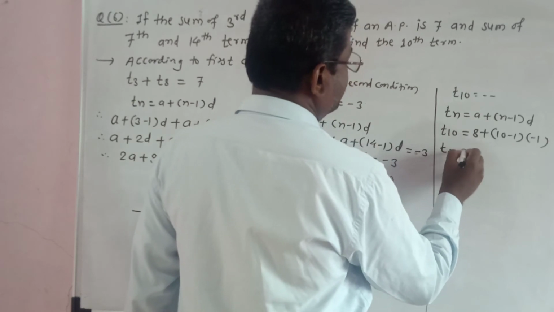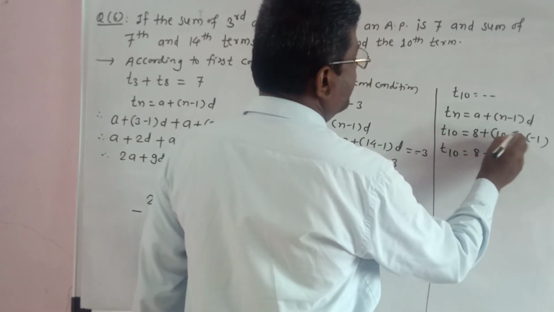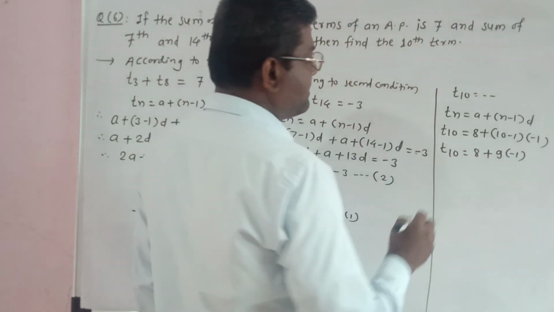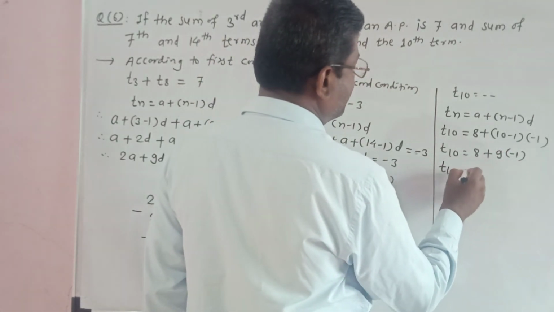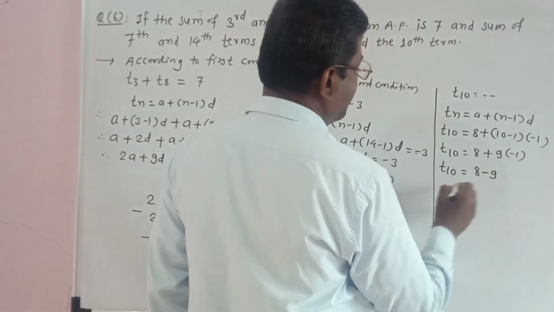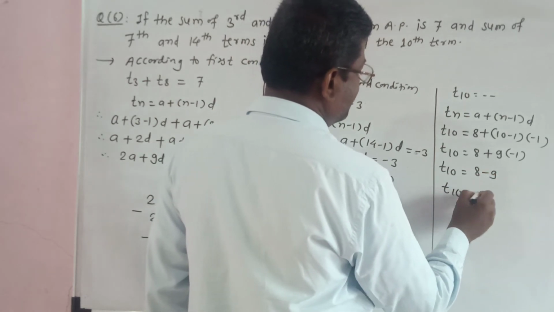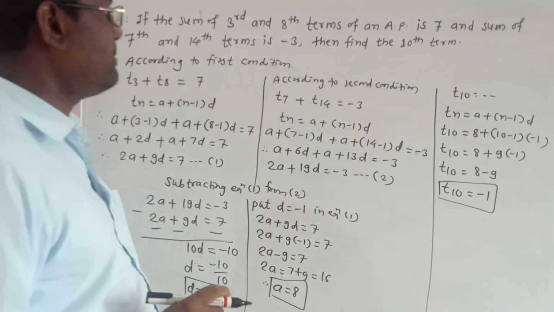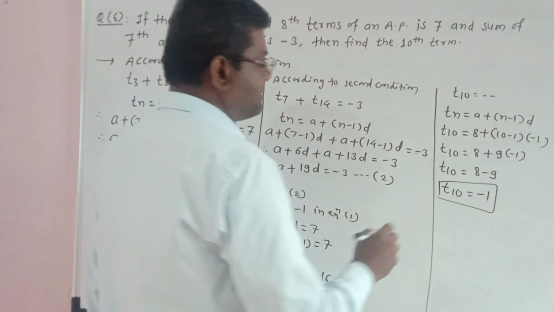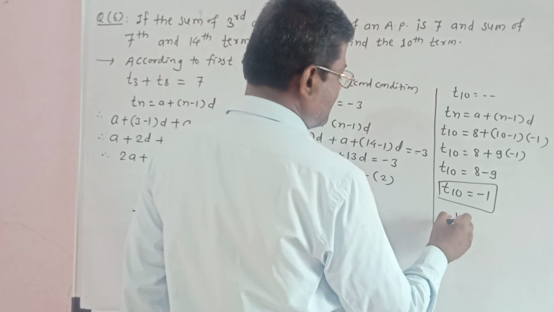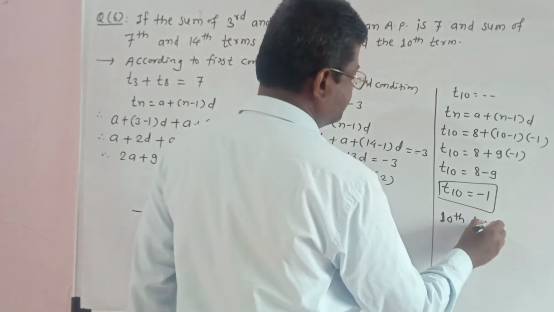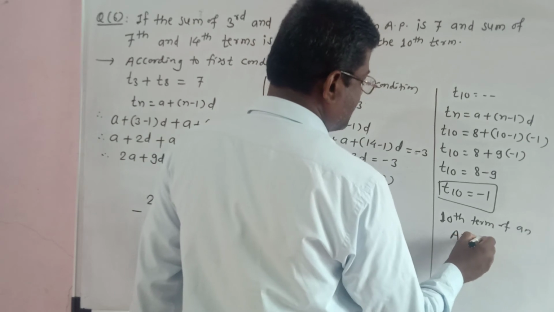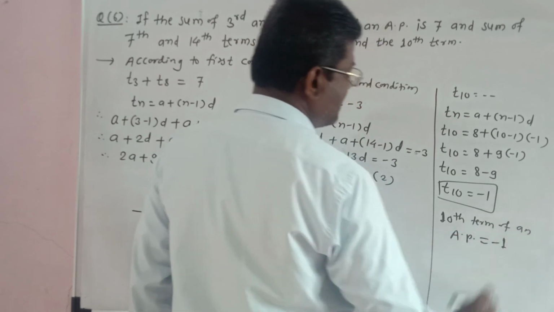Therefore T10 is equal to 8 plus 10 minus 1 is 9, 9 into minus 1. Therefore T10 is equal to 8 minus 9, so T10 is equal to minus 1. So the 10th term of the AP is minus 1. Therefore we write the 10th term of the AP is equal to minus 1.